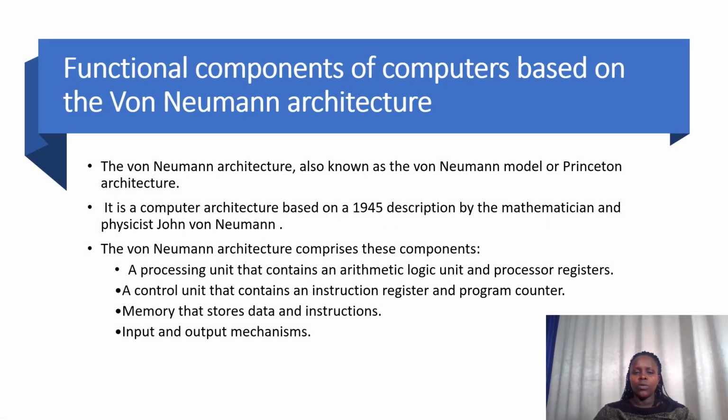Now we are going to learn the topic titled Functional Components of a Computer based on the von Neumann architecture. The von Neumann architecture, also known as the von Neumann model or the Princeton architecture.